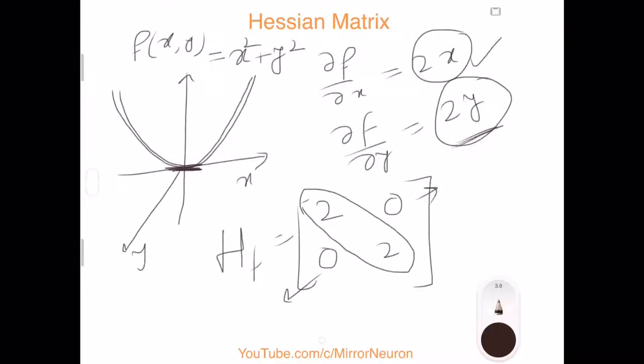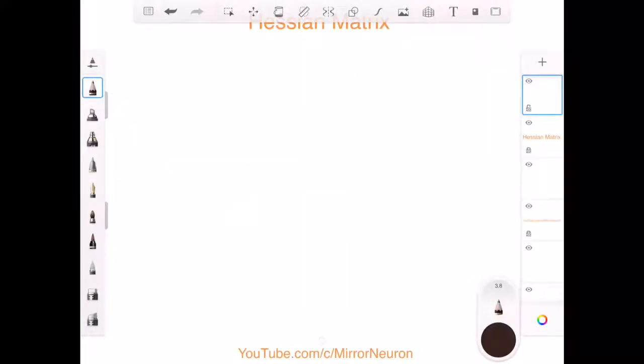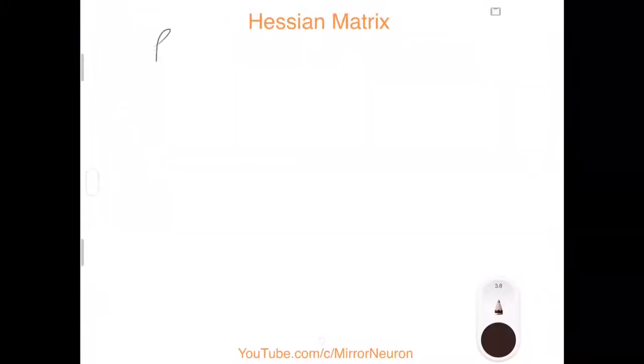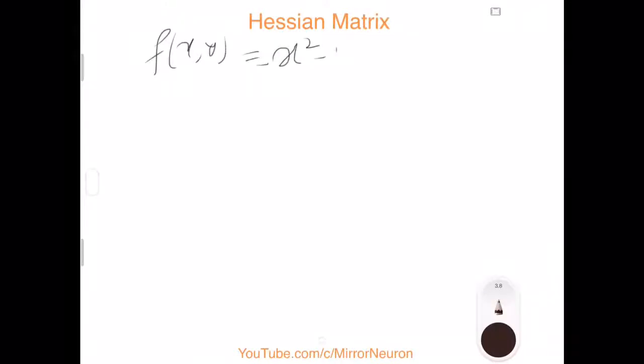If this is true, let's try to invert this one and see again. For example, I have another function that looks like minus x square minus y square. So basically I am inverting the function.